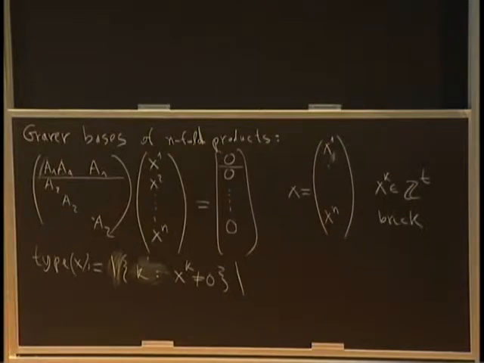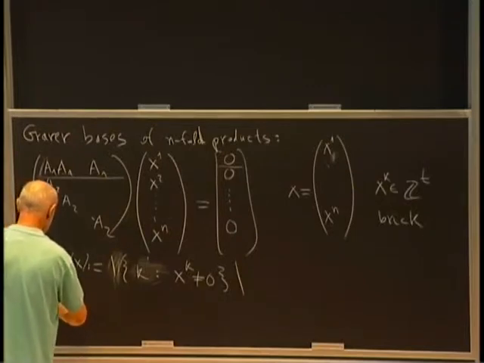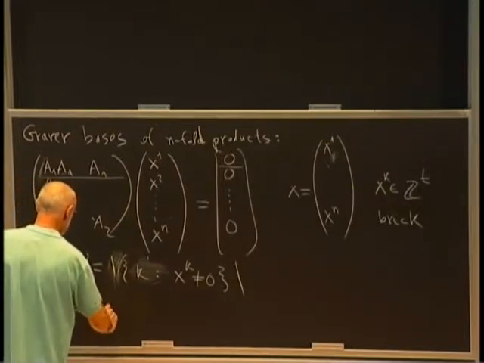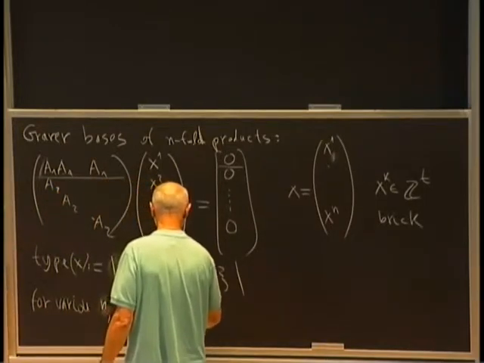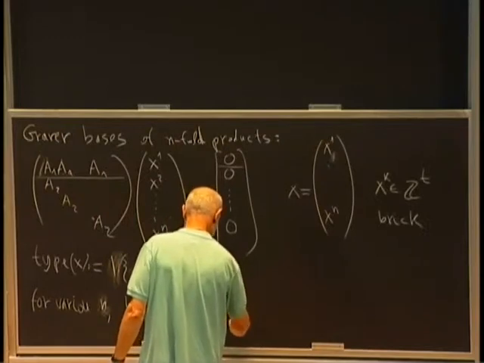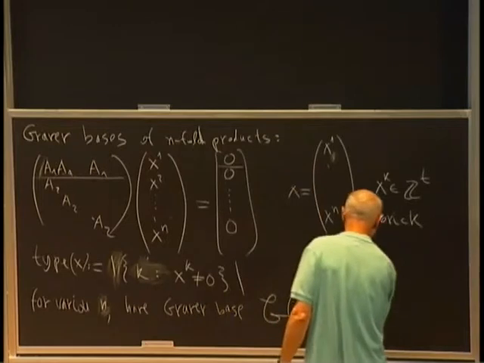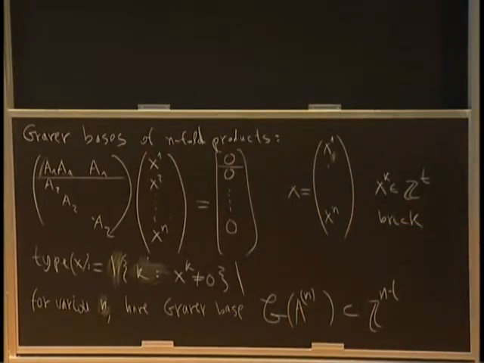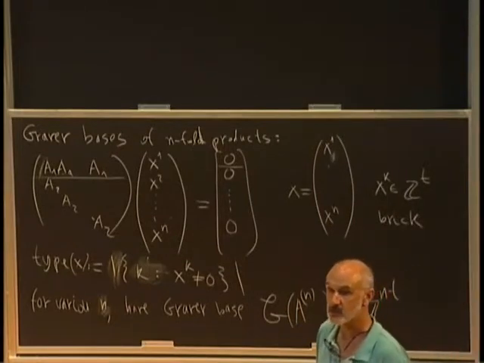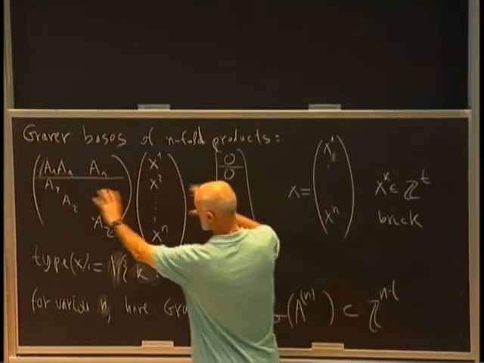For various n, we have different Graver bases, G(A^(n)), which live in Z^(nt). We are going to look at all of those simultaneously. So not at one n-fold product, but at the Graver bases of all of them, with larger and larger matrices.